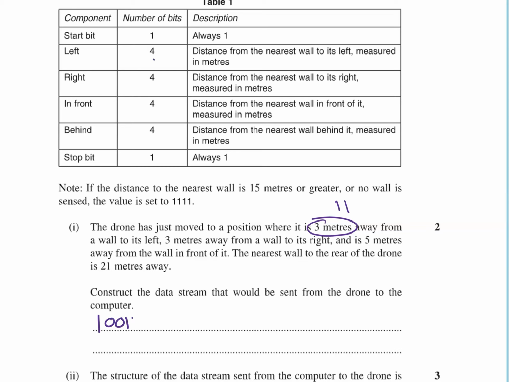So 0, 0, 1, 1, that's why we have these protocols, because otherwise the whole value would change. And then we have right, which is 3 meters away, which is 1, 1 again, so 0, 0, 1, 1. 5 meters away from the wall in front of it, which is 0, 1, 0, 1.